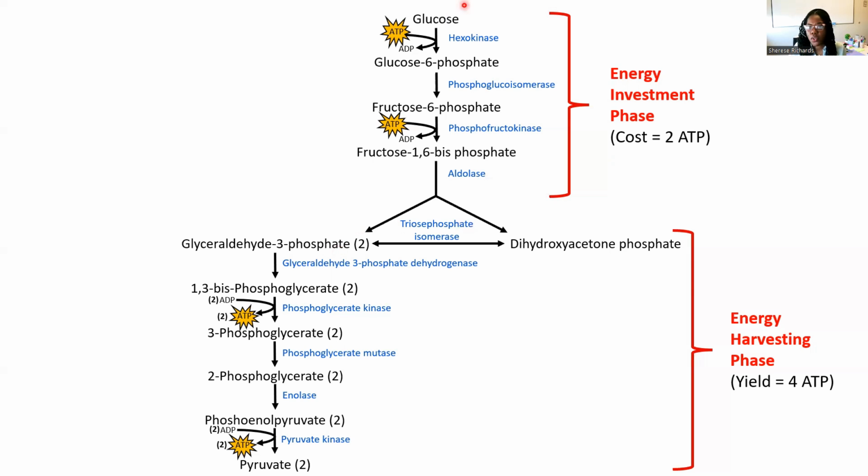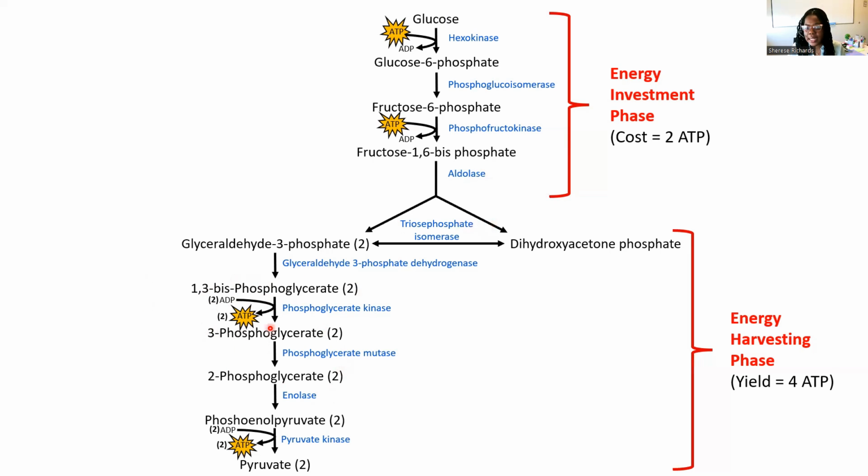So for 1 glucose, we have 2 G3P, 2 1,3-bisphosphoglycerate, and then 2 of each of the other substrates. This is how we end up yielding 2 pyruvate, all right? Because this one fructose 1,6-bisphosphate ends up splitting into two, so that we have two yields for the rest of the reactions.